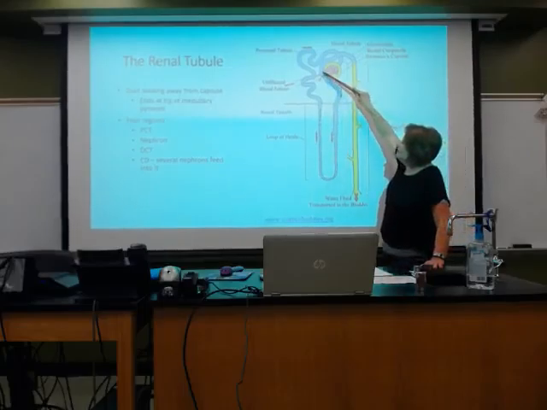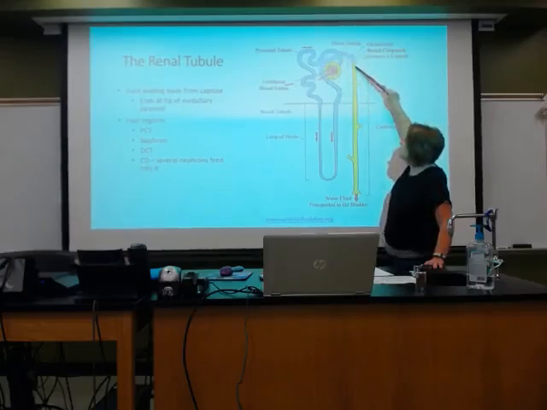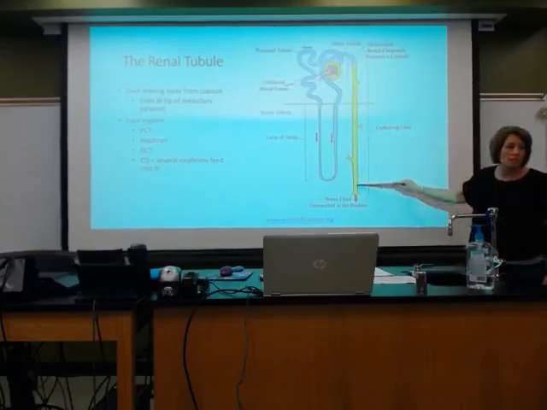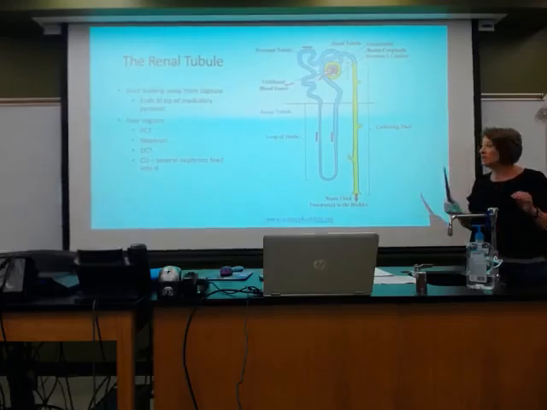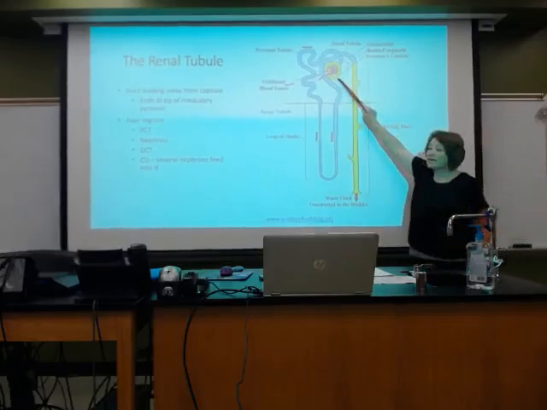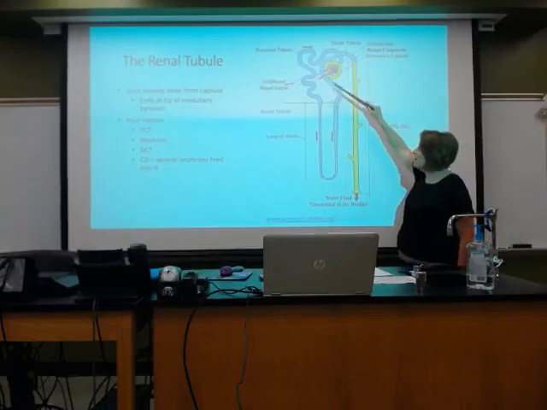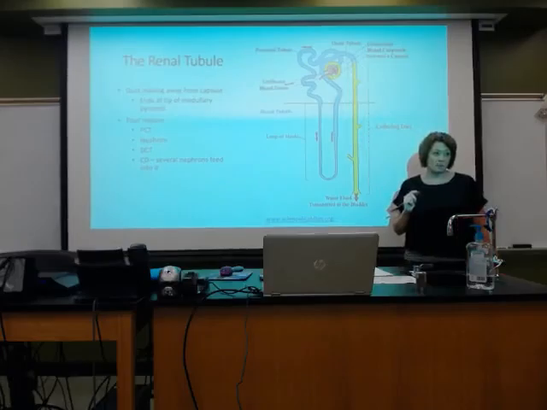This leads to the distal convoluted tubule, and then to our collecting duct. So that fluid that was originally in Bowman's capsule has to travel the entire length of this tubular system.